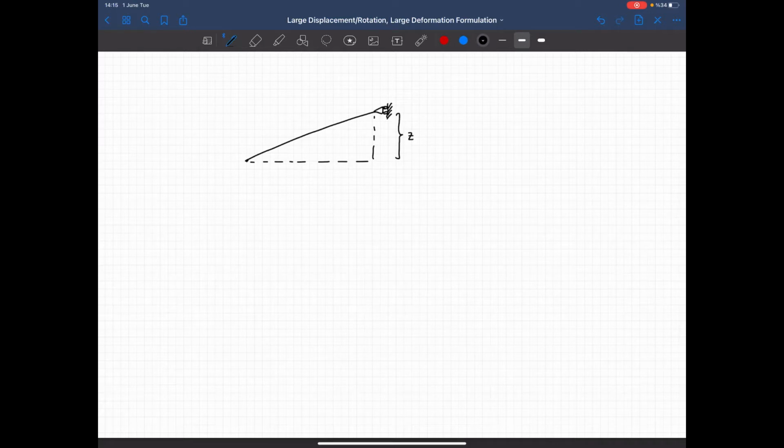this is our z, the crookedness we can say, and that's the deformation w. This is the initial configuration. That's the final configuration.